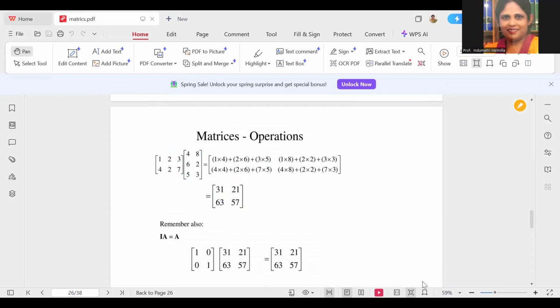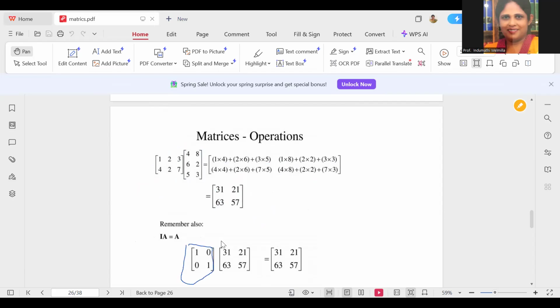In here there is another rule. When we multiply a matrix by the identity matrix, we get the same matrix. This is the identity matrix.